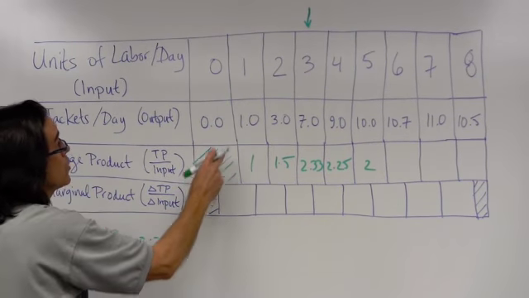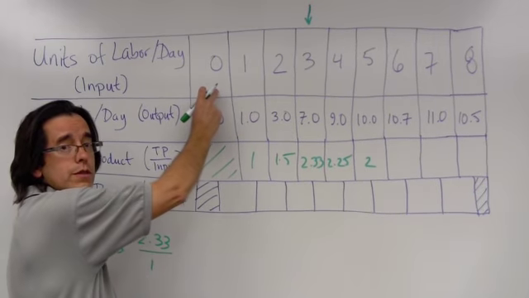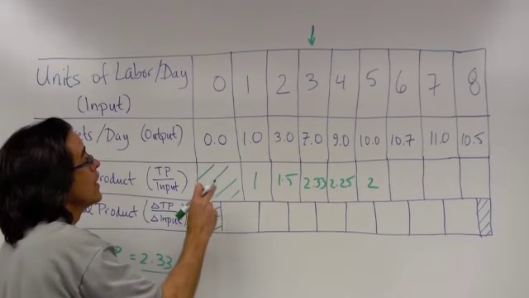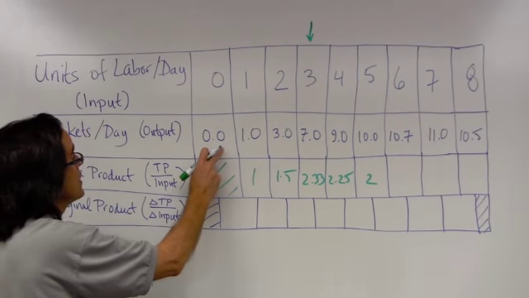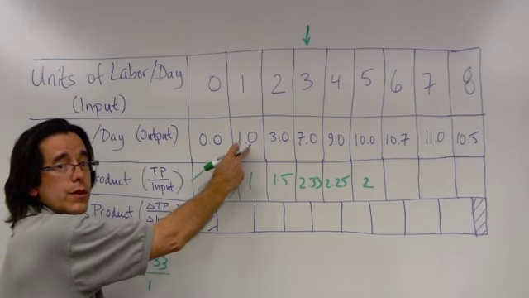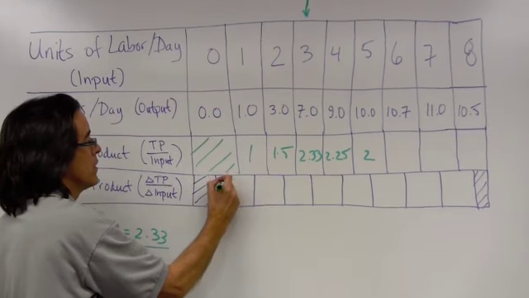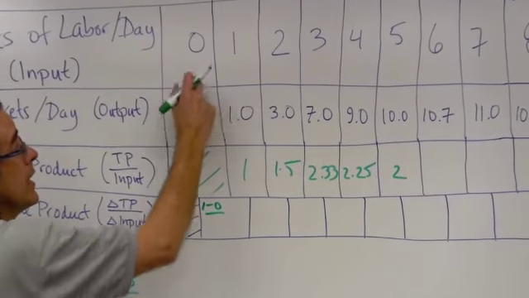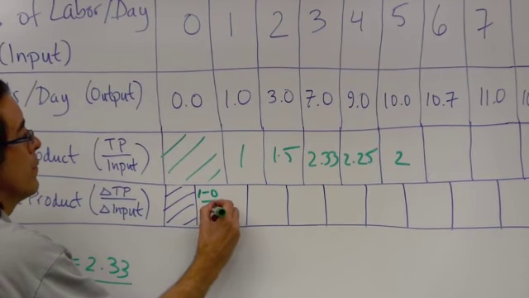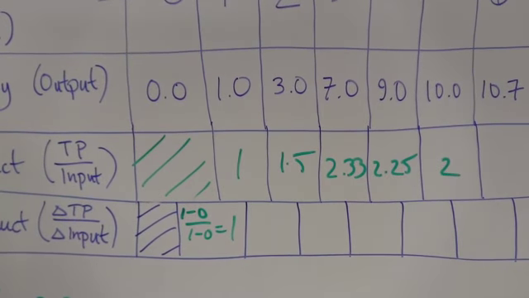So if I'm going from 0 units of labor to 1 unit of labor, we're going to go from 0 jackets to 1 jacket. So the change in total product, 1 minus 0, divided by the change in labor, 1 minus 0, gives us 1.